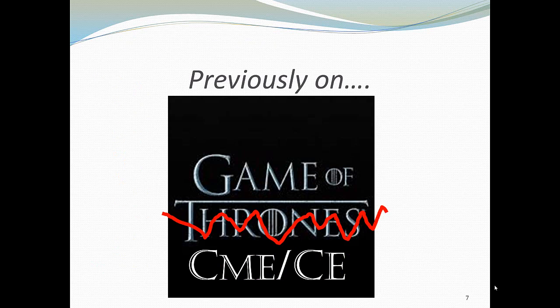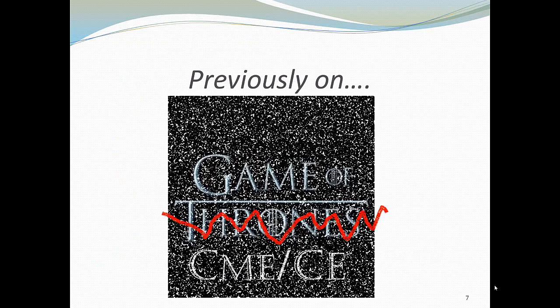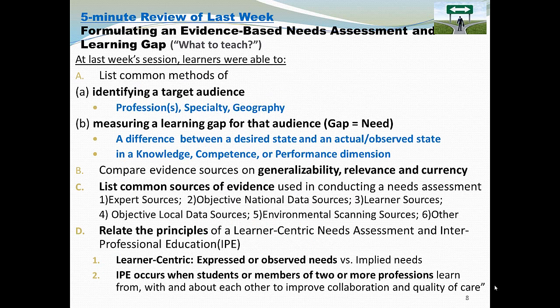So last week in the Game of CME, we talked about how to identify a target audience for receiving the learning, and we looked at their parameters of profession and interprofessionalism, the specialty they practice in, as well as the geographical catchment area of those learners.